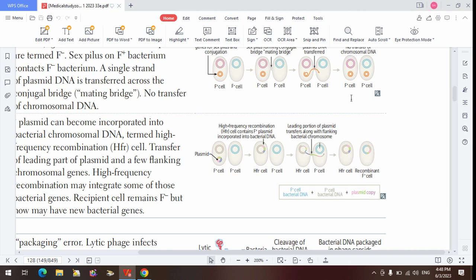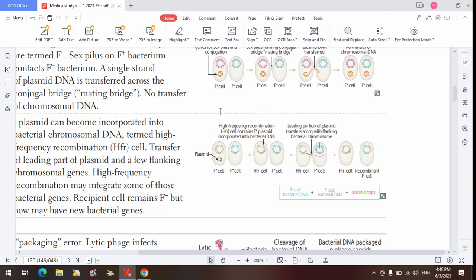You get it? Now imagine this recombinant F negative cell wants to transmit a portion of its own chromosomal DNA to another cell. How do you think it will do it? It will not be able to, because it doesn't have a plasmid, because it's not F positive. So the only way it can achieve it is to mix with another F positive cell.